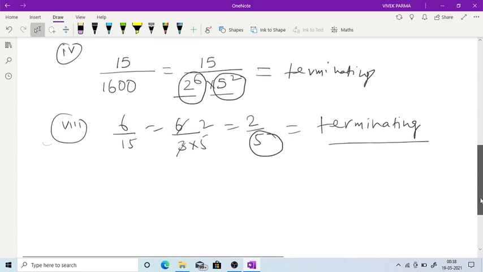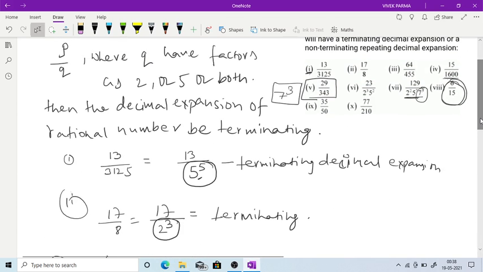See for next, in question number 9, here is 35 upon 50, right? So 50 can be written as 2 into 25, right? So here 2 as well as 5 is present, right? This will have terminating decimal expansion. In question number 10, we have 77 upon 210, right?